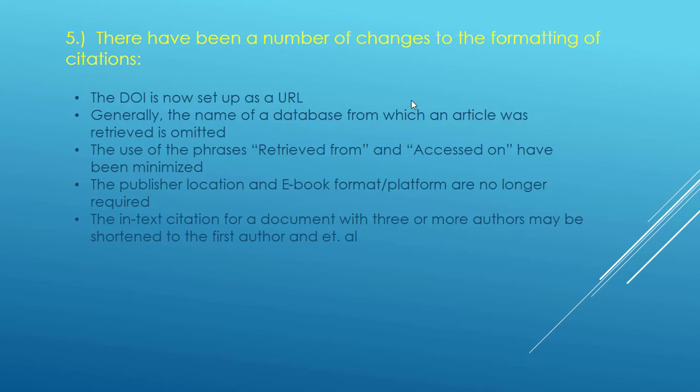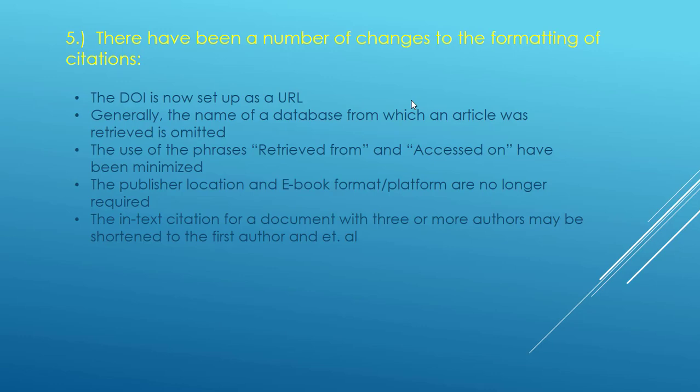Okay, so the third thing that we're going to see as a change in our citation formatting is that the use of phrases retrieved from and accessed on have been minimized. All right, so we're going to see these still, but they're going to be tied to things that are designed to change, for which there is no archival version.